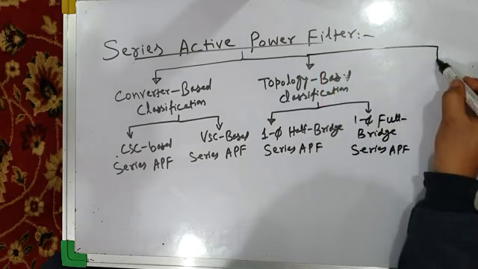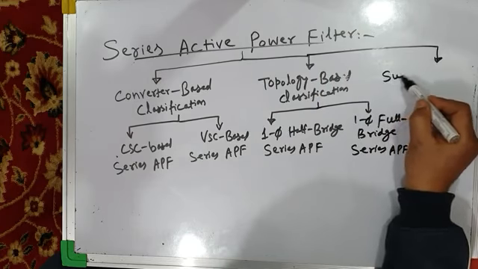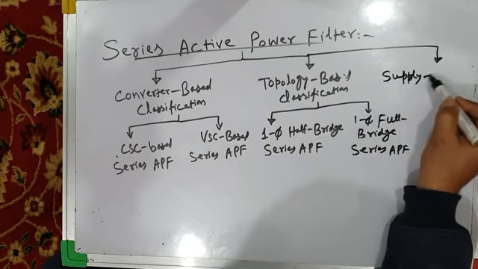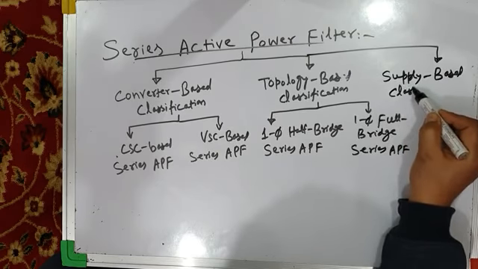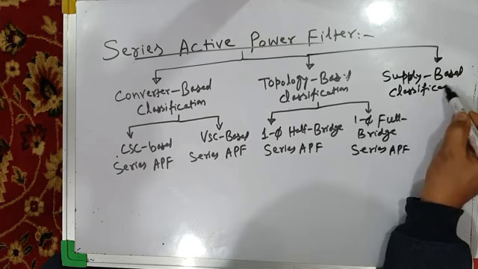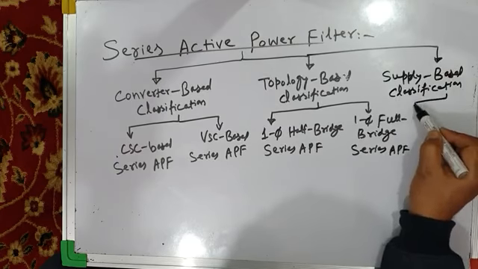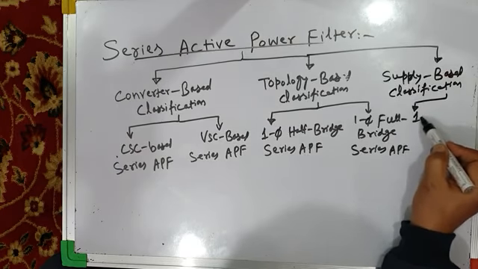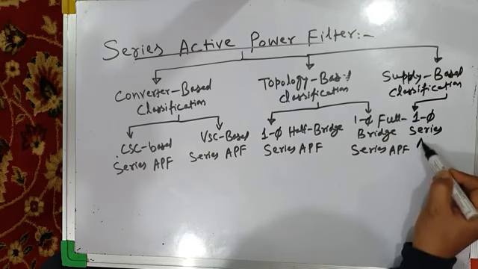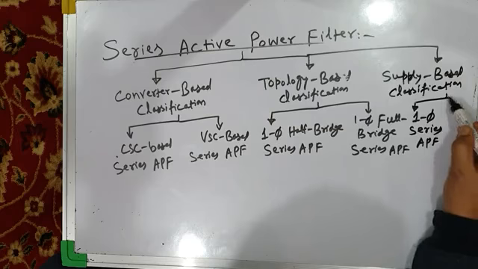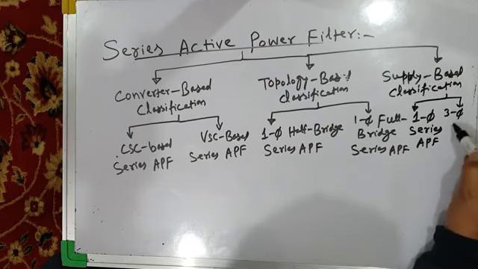The third classification is supply based classification. On the basis of supply, we have mainly two types of series active power filters: single phase series APF and three phase series APF.